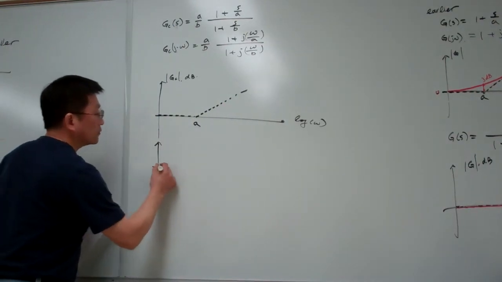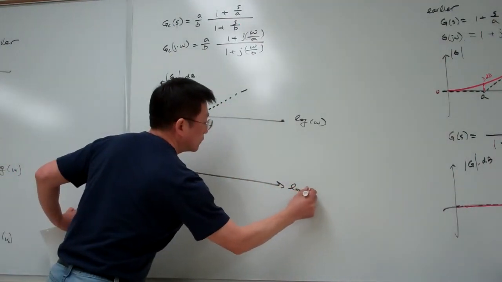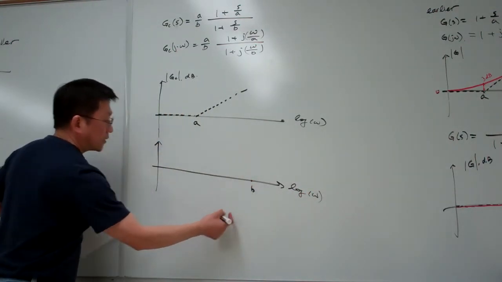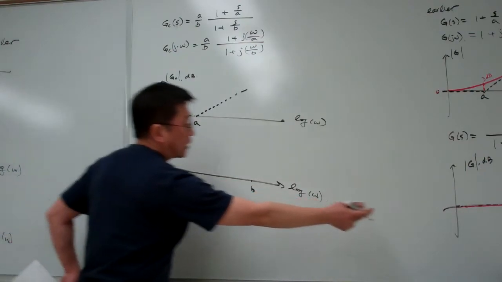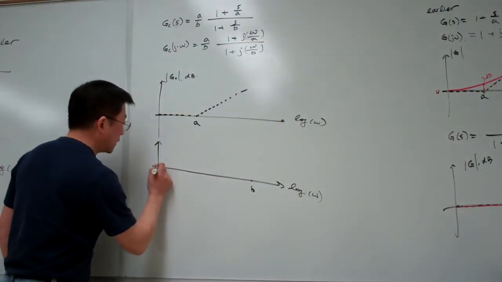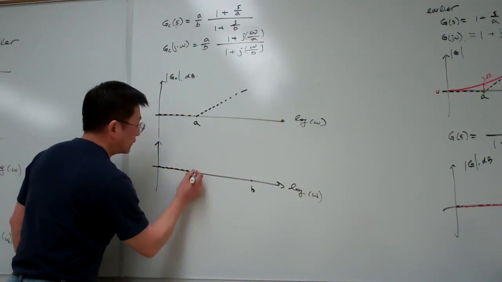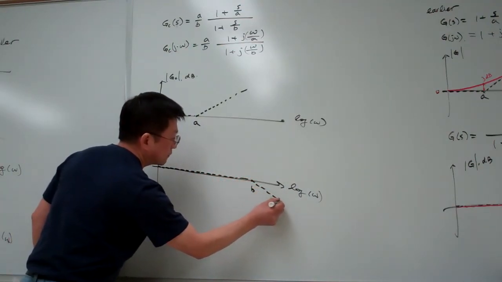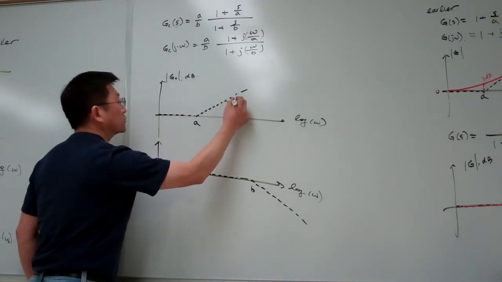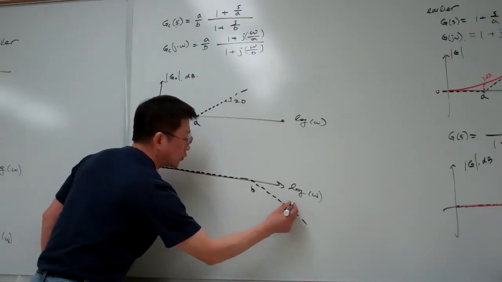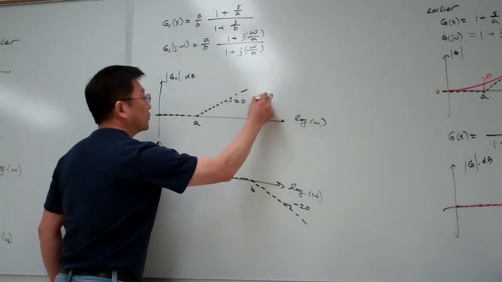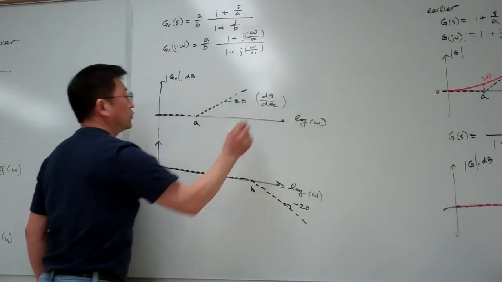And the same thing for the higher frequencies, and that behavior is governed by this case. So you can have the asymptotes being drawn like this. So this is 20, and the slope is minus 20. Okay, so basically the unit is the decibel per decade.